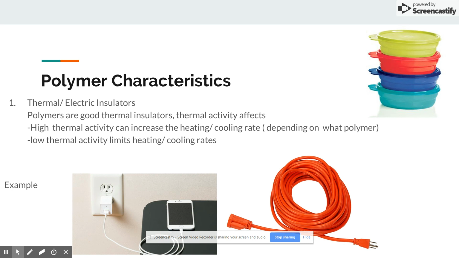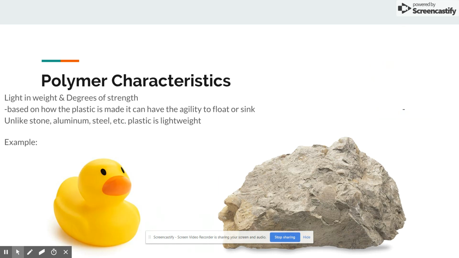And it can also have low thermal activity, which limits heating and cooling rates. Without plastic, for example, when we cook in our Tupperware, if it wasn't made well, it could melt, but it doesn't because of the way that it's made, because it's a good insulator.